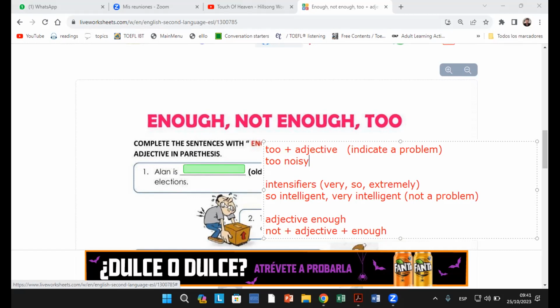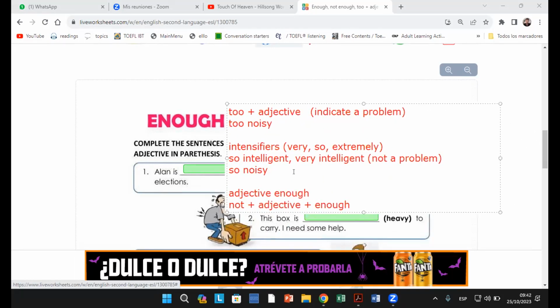But if you say the neighbor is so noisy, es bien bullista ese hombre, bien bullista la mujer. Nothing, no problem. Está enfatizando una cualidad de esa persona. Okay? And adjective plus enough.